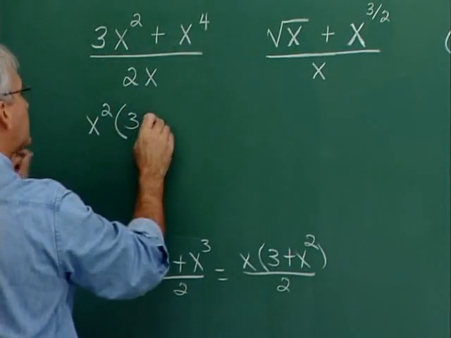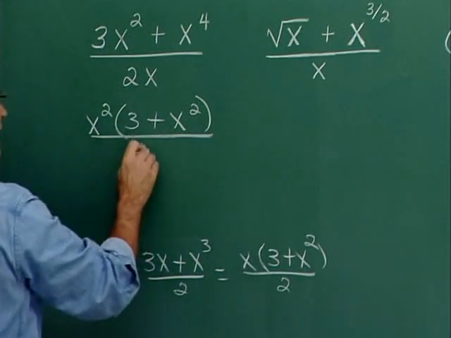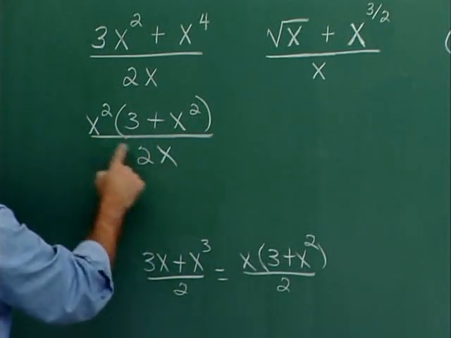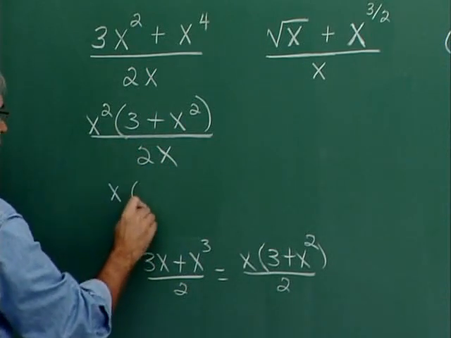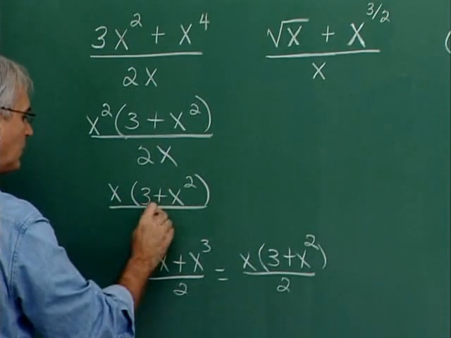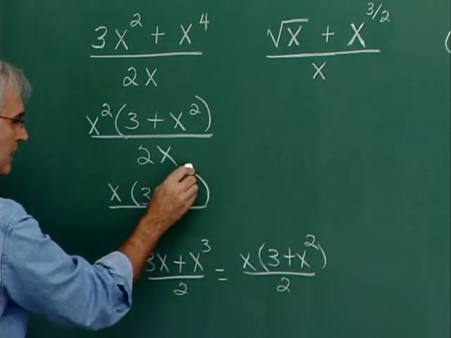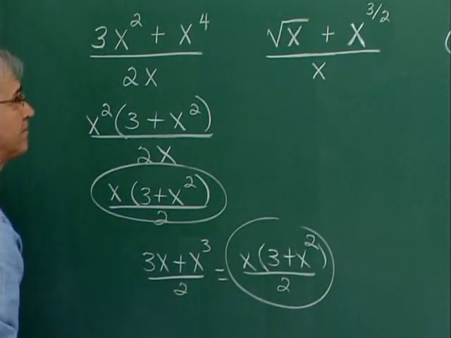Pull x squared out of this term, we're left with x squared. You see, and now just bring down the denominator, and we have a cancellation opportunity here. This x takes out one of those x's, so we have x times 3 plus x squared all over 2 as our answer. And this then is the same as what we have here, as expected.